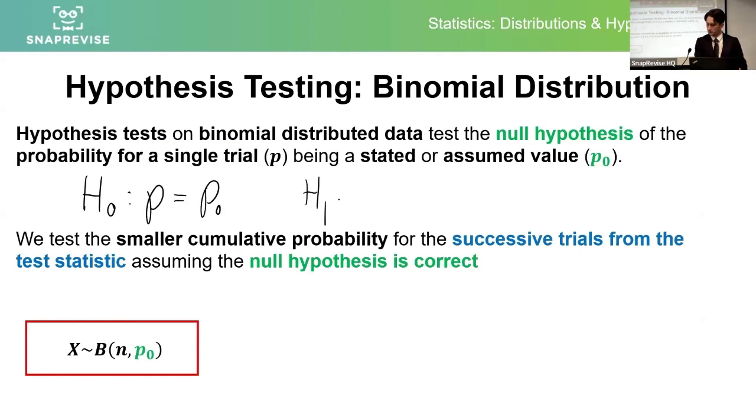For H1, we're going to say the probability is less than P0 if we think it's got less, or it's changed. And then we're going to look at whether it falls into that situation. So the direction of the critical region tells us what way to check the test statistic. Right, let's have a little look then.